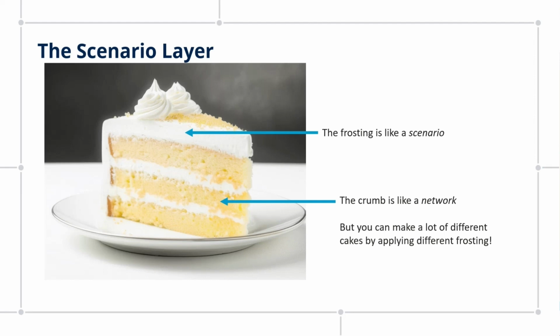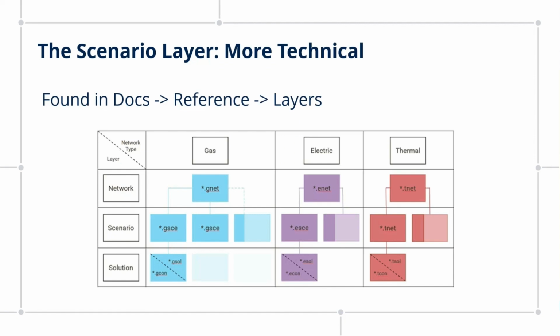Now, cute analogies aside, let's look at this a little bit more specifically. Here we can see the gas, electric, and thermal networks, which are stored in GNet, ENet, and TNet files. On top of the networks, we apply different scenarios, such as gas scenarios, electric scenarios, and thermal scenarios.